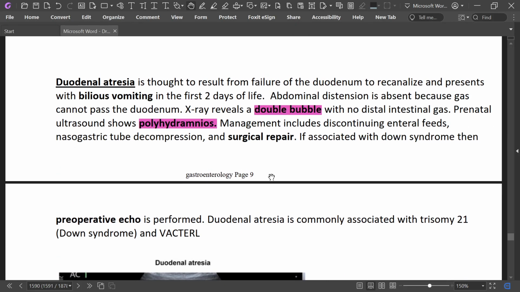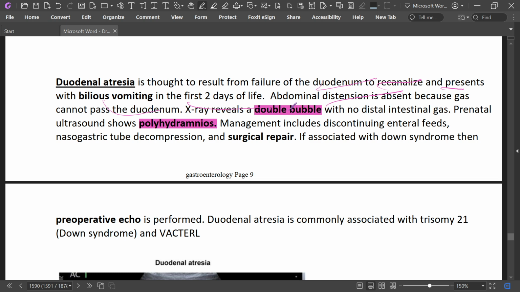Duodenal atresia is a failure to recanalize, and presents with bilious vomiting in the first 2 days of life. Abdominal distension is absent because gas cannot pass the duodenum.